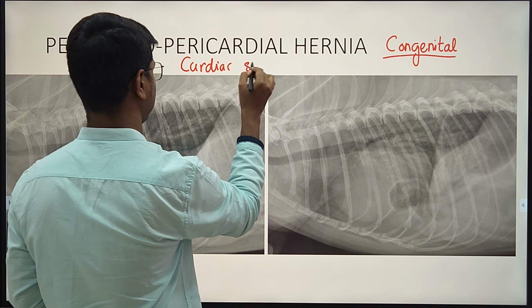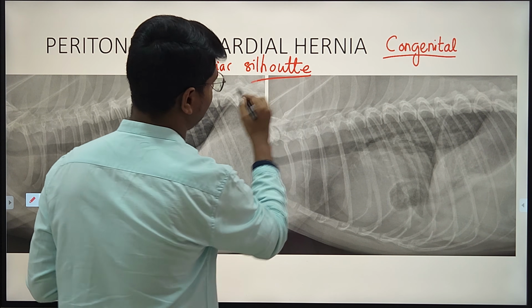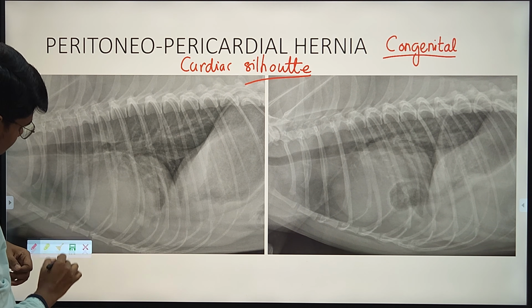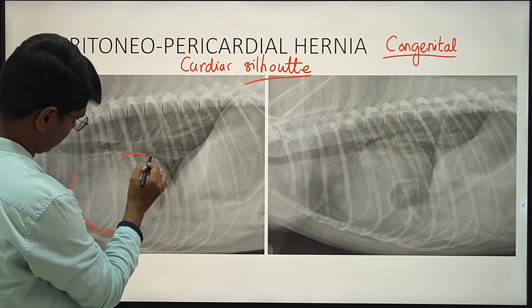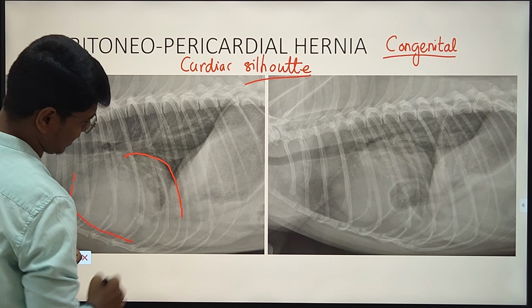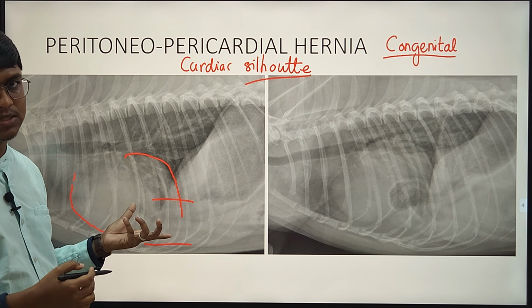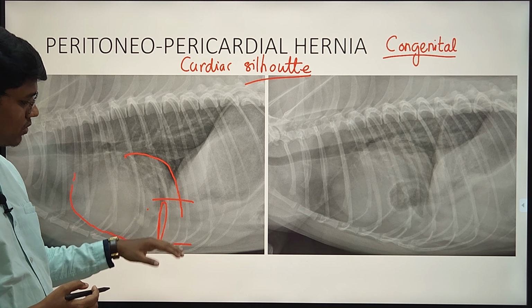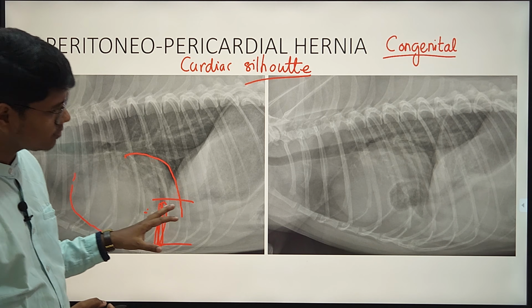Here the cardiac silhouette is highly enlarged. Also there is loss of this portion, especially the ventral portion; the thoracic surface outline of the diaphragm is lost.